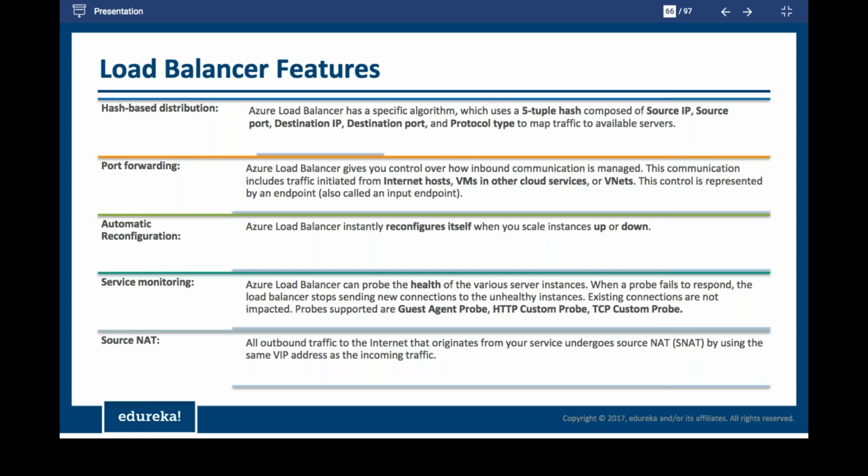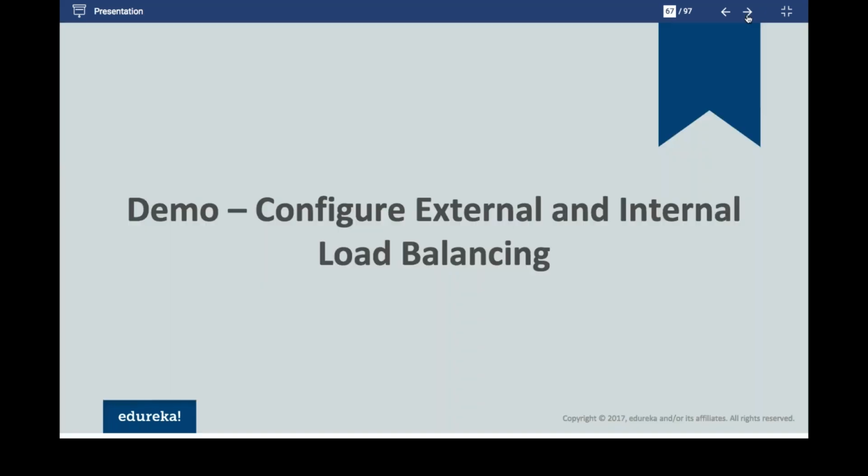NAT is the common outbound traffic that you originate, that you get from the internet, and you give the same virtual IP address for the incoming traffic as well. So NAT is nothing but the network address translation that you're going to do.